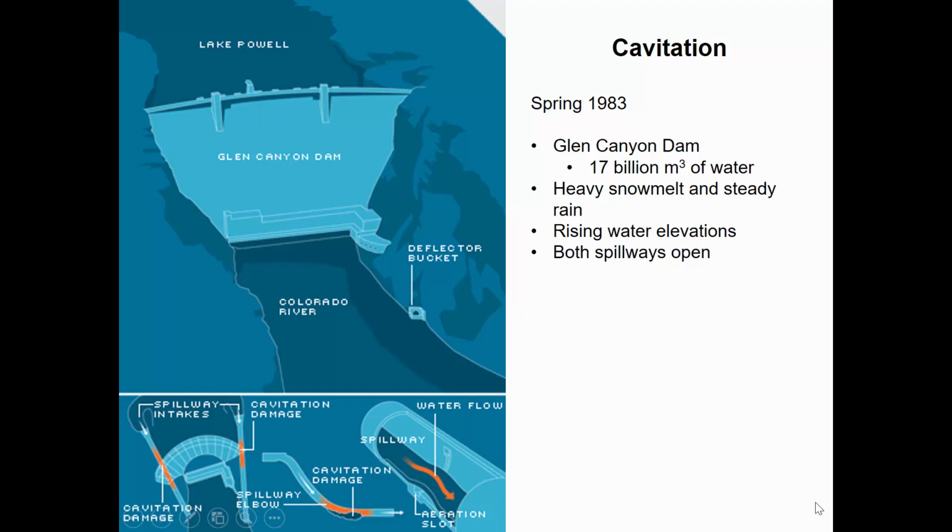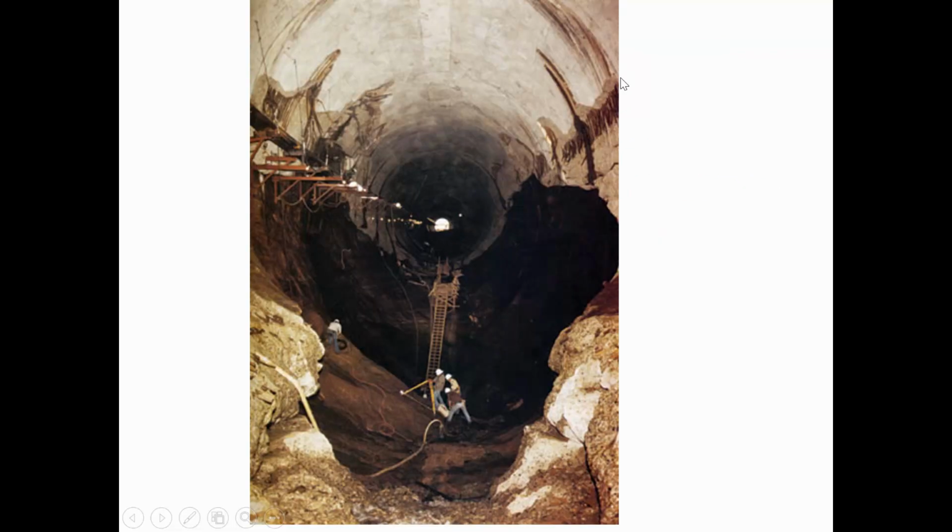One of the historical cavitation issues that kind of illustrates the importance of it was this Glen Canyon Dam back in 1983. And I think I already showed you these pictures, right? Where what happened was the vapor bubbles began to form, and it caused a little crack, and that small crack got larger, and it started to scour and erode the material.